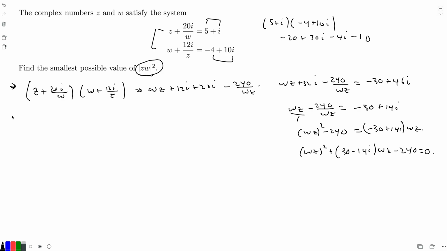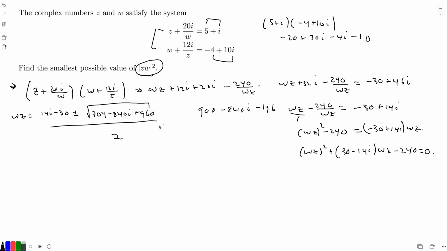So applying the quadratic formula, we get wz is equal to 14i minus 30 plus or minus the square root of this squared. That's 900 minus 840i, and then that becomes 196i squared, so negative 196. Simplifying that gives us 704 minus 840i, and then plus 960, and then over 2.